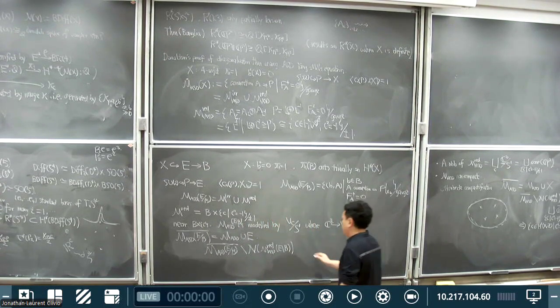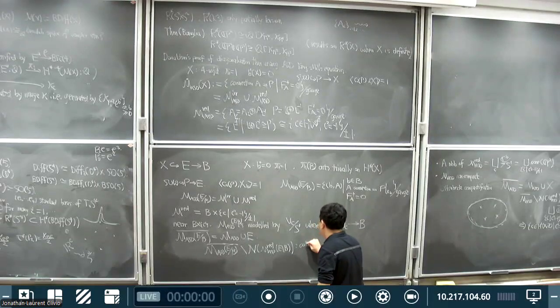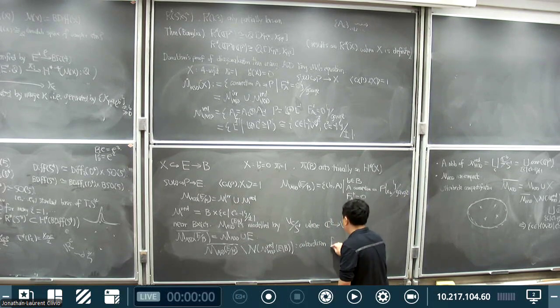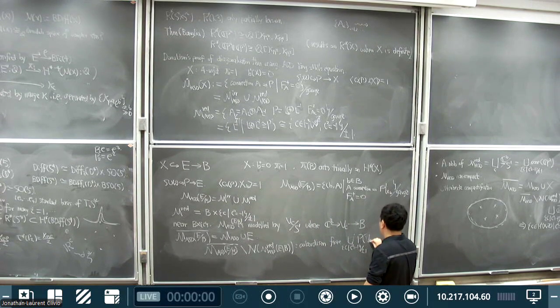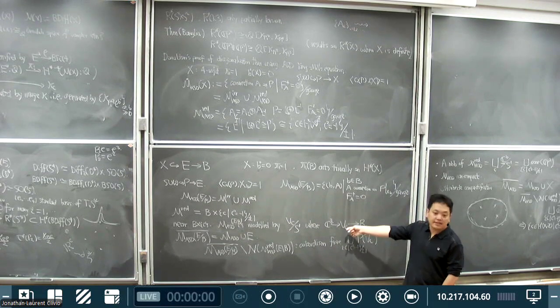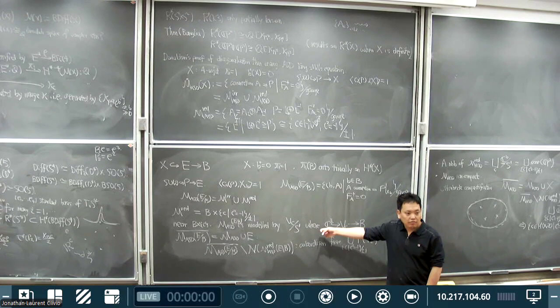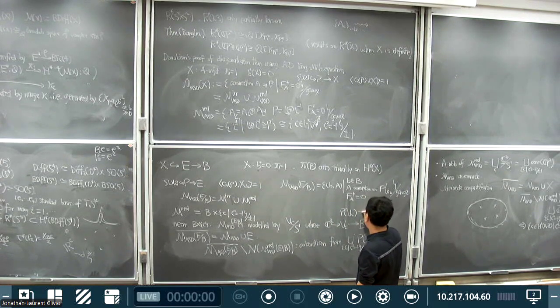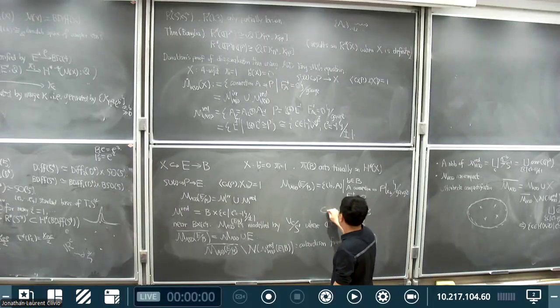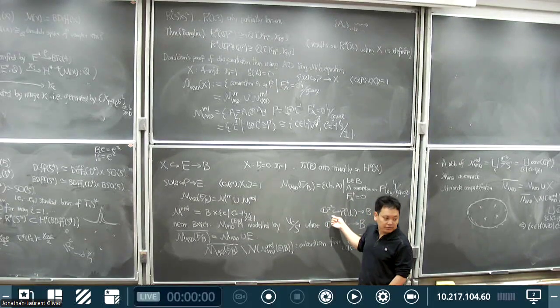Let's give a cobordism from the union of E plus C squared equals -1, PVC. PVC means VC is a three-dimensional vector bundle. So you can take its PVC, which is just the associated CP2 bundle, projective space bundle.